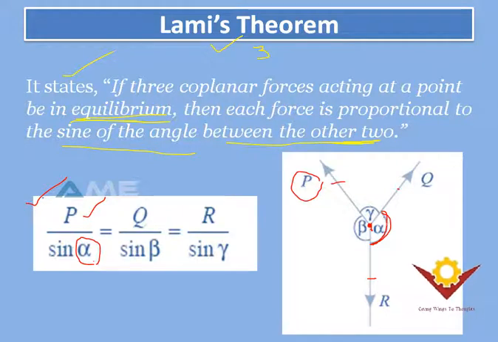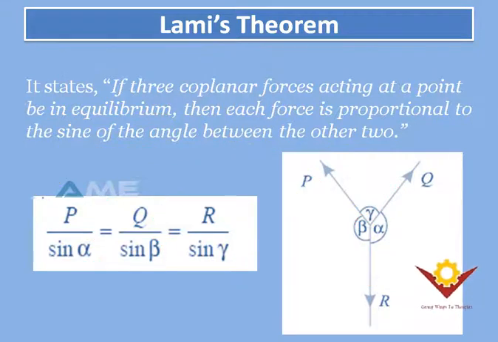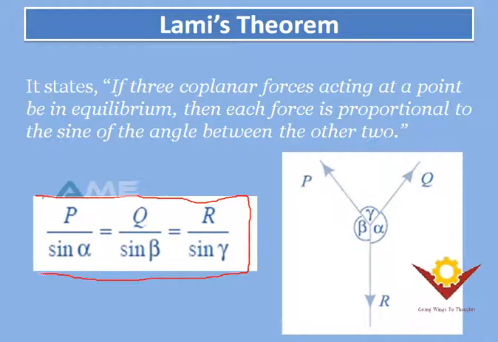This angle is not with respect to P, this angle is opposite to your P. And now Q divided by sine beta, again this beta is opposite to Q, and R divided by sine gamma, and here also gamma is opposite to R, and that too is the angle between the other two forces. And moreover, this is a very important equation which you have already seen in your primary and secondary education, this is your sine rule.